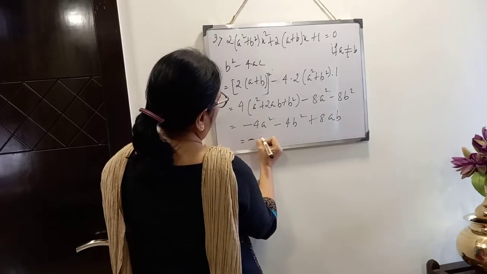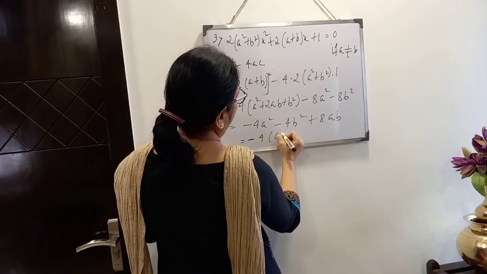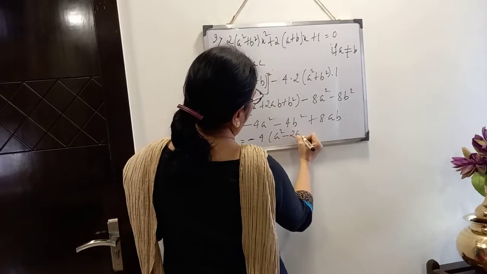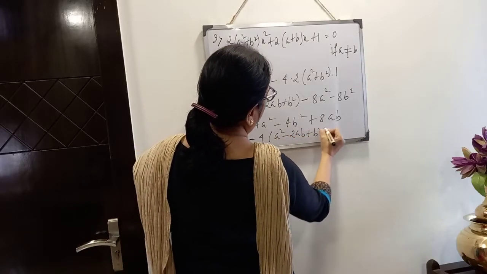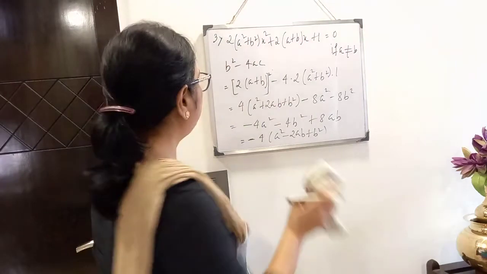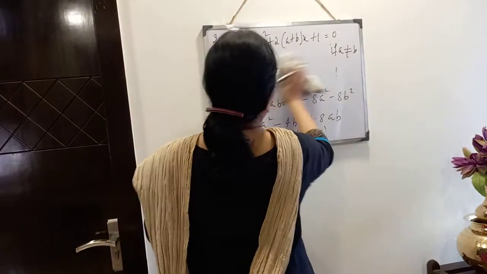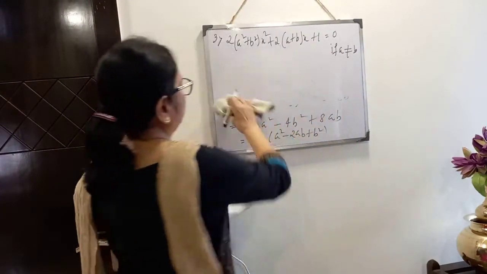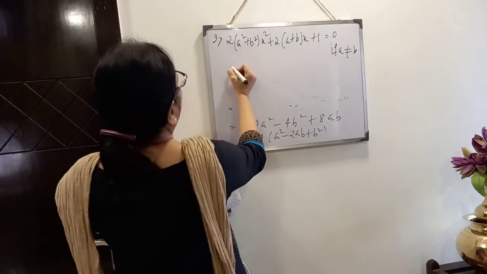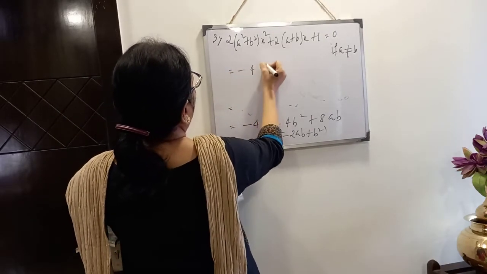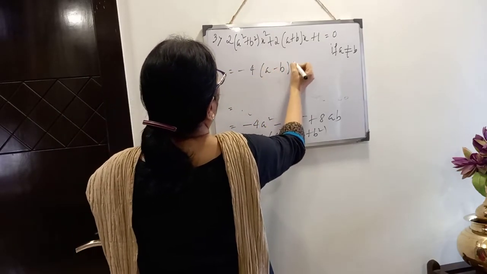Now here I am taking minus 4 common, so it is becoming a square minus 2ab plus b square. Then you see, minus 4 (a minus b) whole square.